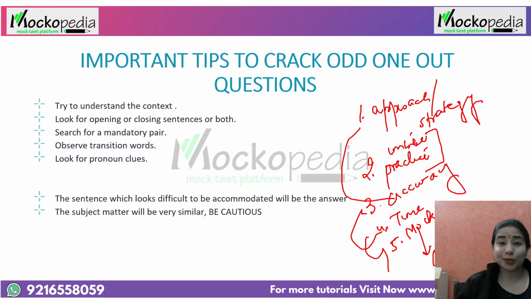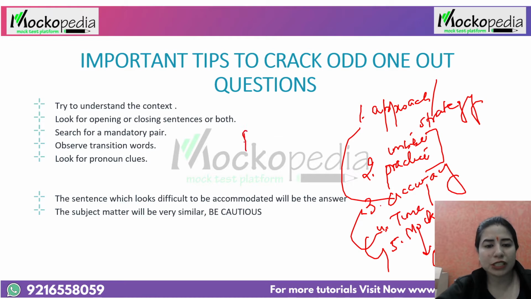So let's come to the topic and see what should be the right approach to solve the odd one out questions. Since I told you how the question looks, there are five statements and there would be one statement that will not fit in the context, right? The rest of the four statements you can arrange to form a meaningful paragraph. So it's a sort of para jumble question, right?